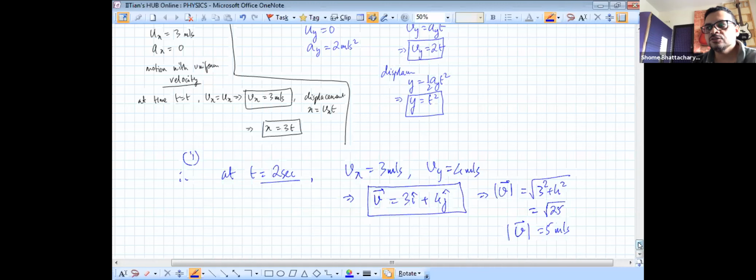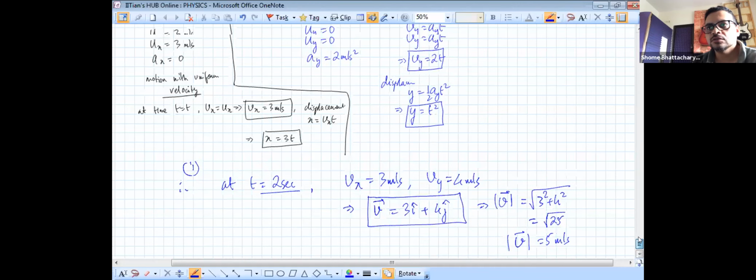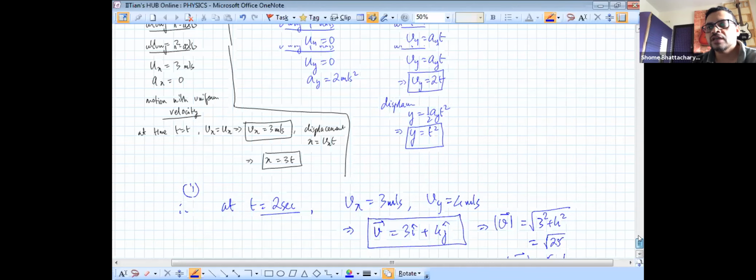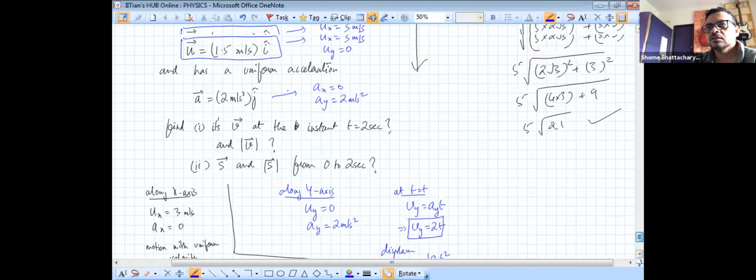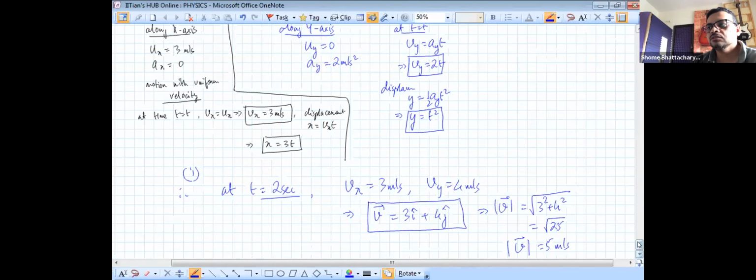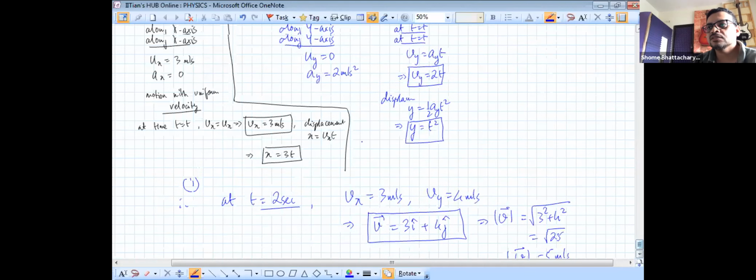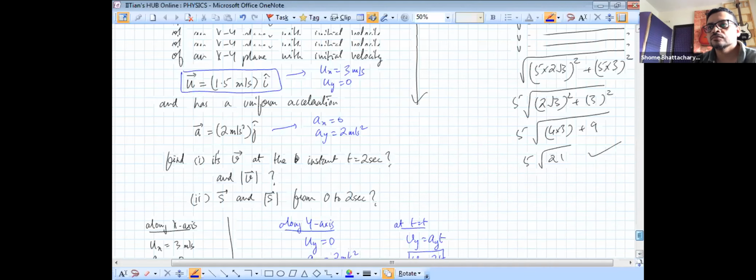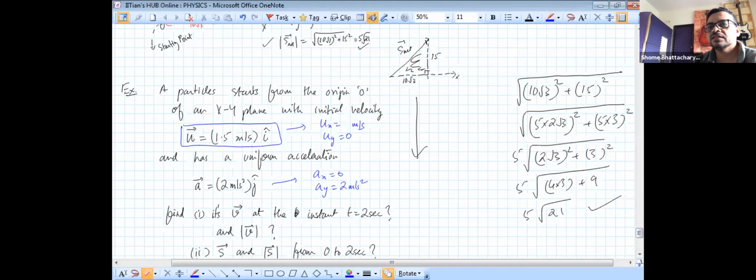But I think you've taken the values something wrong. Oh, sorry, I have taken the value wrong. My mistake. So this is not 3. This is 3 by 2. Sorry, just make a correction here, people.